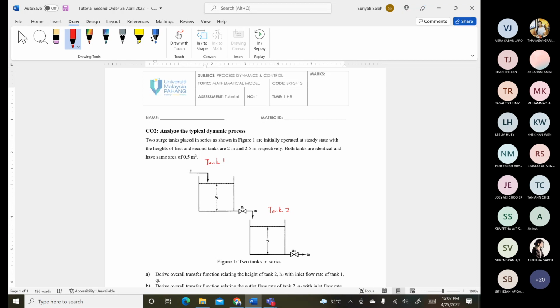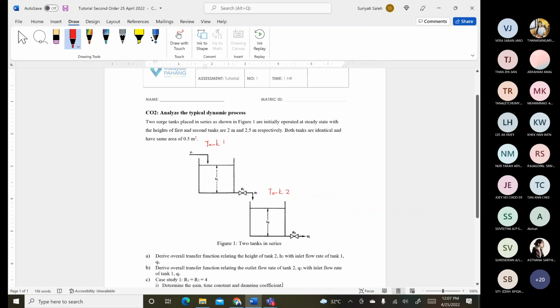They are initially operated at steady state with the height of the first and second tank being 2 meter and 2.5 meter. So the information is that they operate under steady state, based on the initial condition.